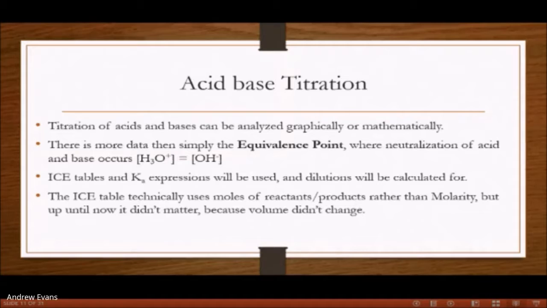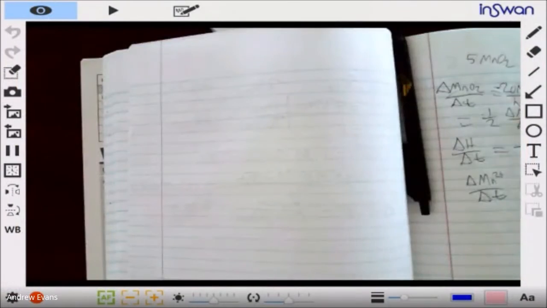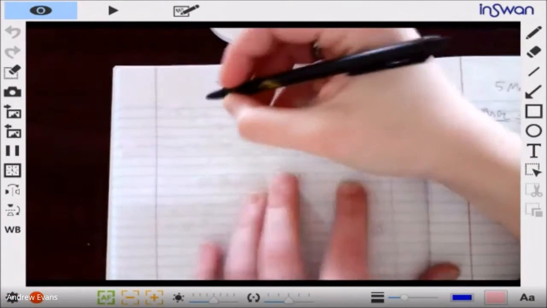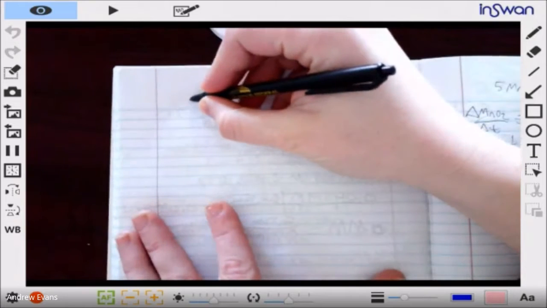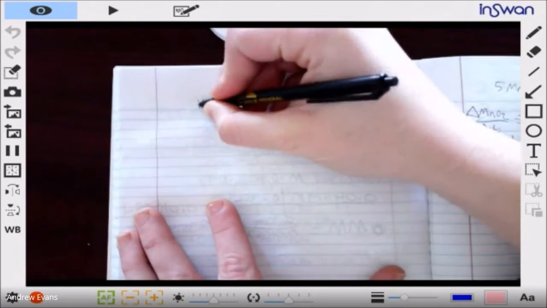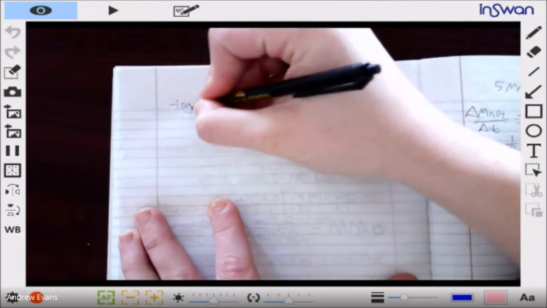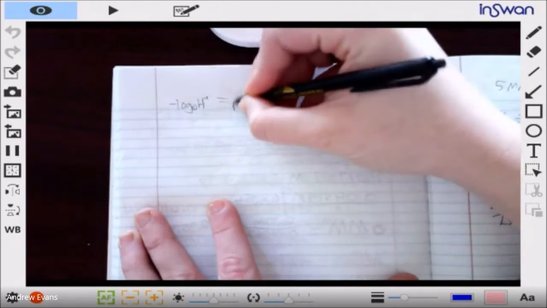Quick reminder, I'm going to jump to the doc cam before we get started. We have introduced a few concepts over the last two chapters. We've introduced the basic acids and bases and the relationship that if we take the negative log base 10 of H plus, that gives us the pH.